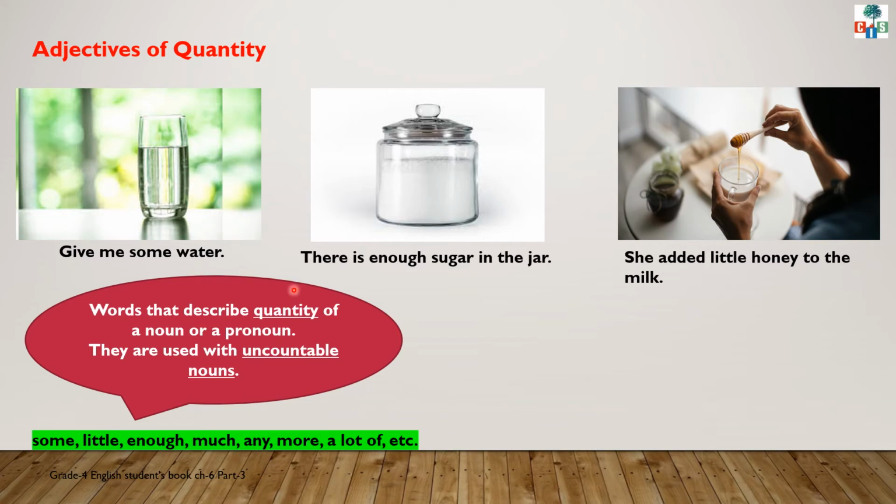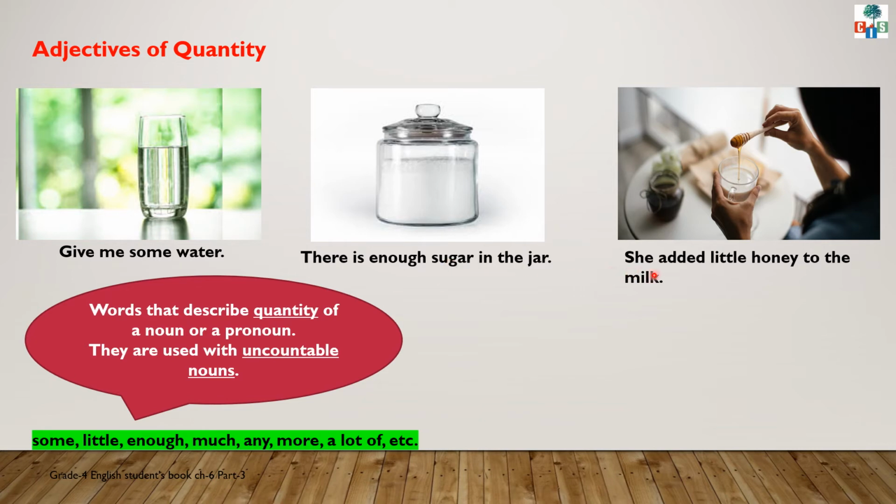Next example. There is enough sugar in the jar. Now, in this sentence, there are two nouns. One is sugar, another is jar. But before the noun sugar, I have used a word, enough. Enough sugar. So, the word enough is an adjective of quantity because it describes the quantity of sugar.